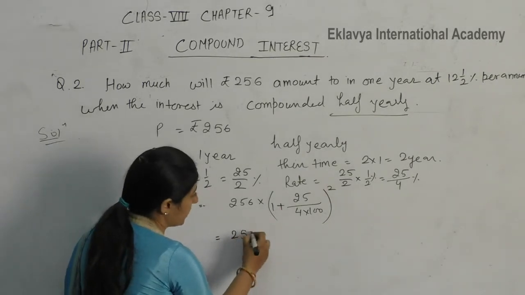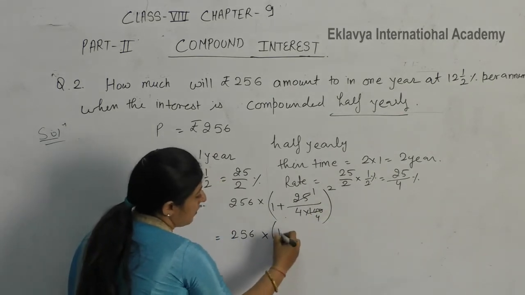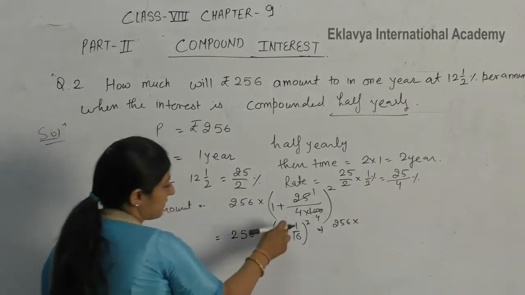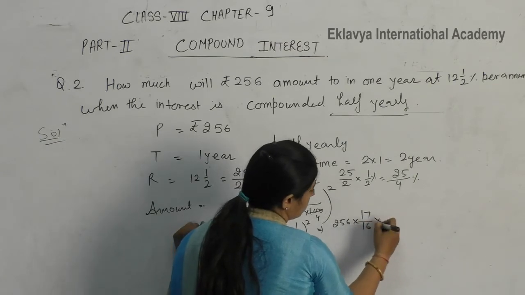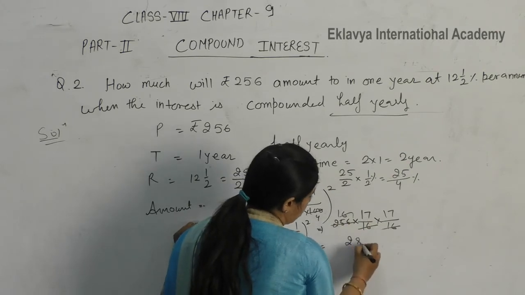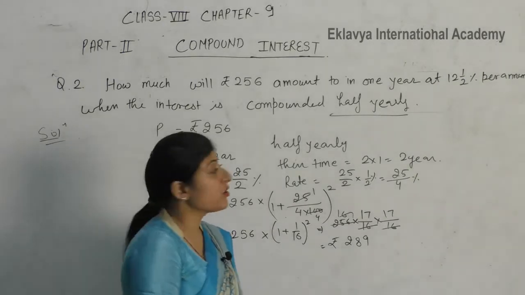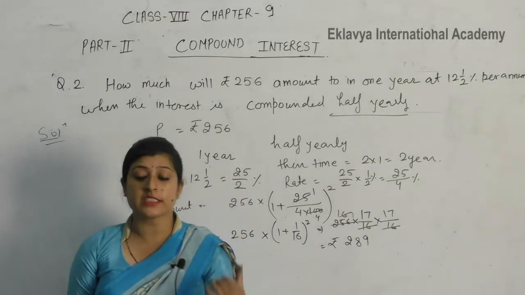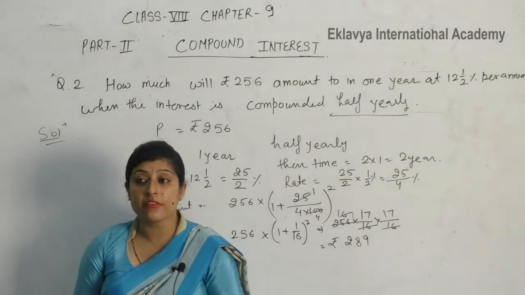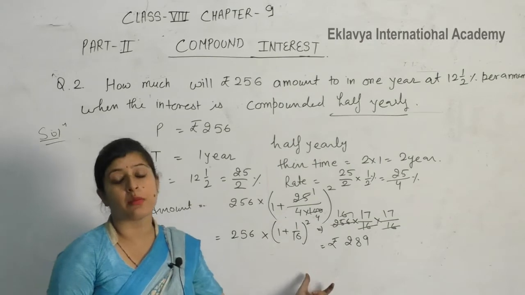Now see, 256 multiplied by (1 plus 25/400, which is 1 plus 1/16) squared. That is 256 multiplied by (17/16) squared. 16 cancels out, 17 into 17 is rupees 289. So if interest is compounded half yearly, what do we do? We take half of the given rate and twice the given time, and then we calculate our amount.